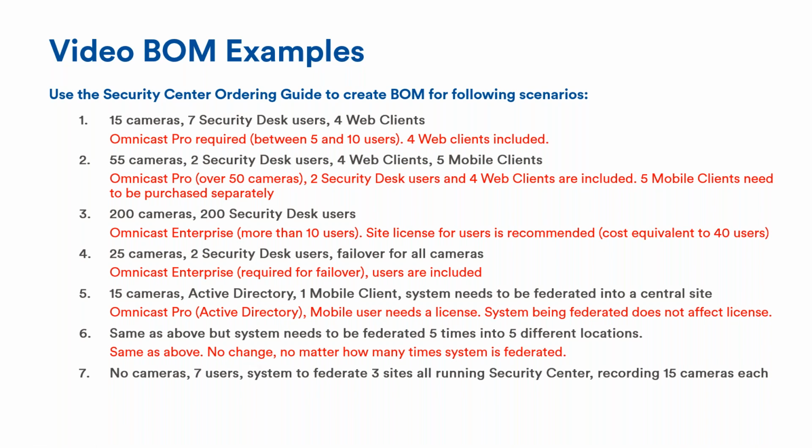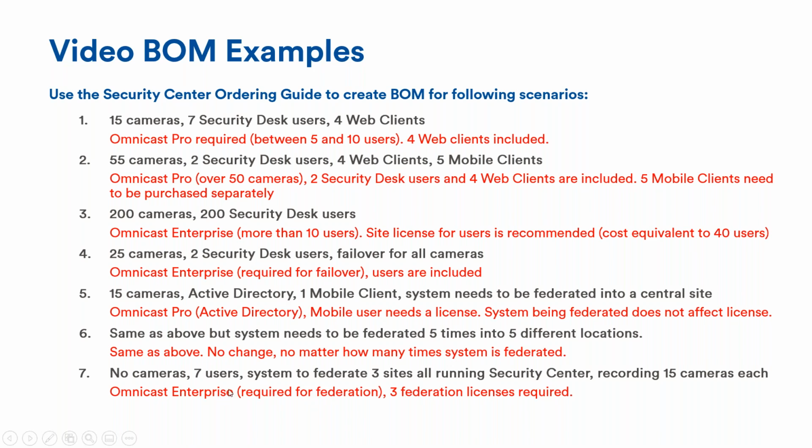Next, we have a system with no cameras, 7 users. The system is federating 3 sites, all running Security Center, recording 15 cameras each, okay? So in this case, it is the federating site. It's running the directory. It's got the federation roles connecting to 3 sites, and 7 users are logging into it.